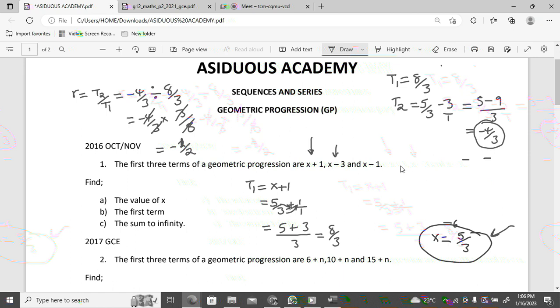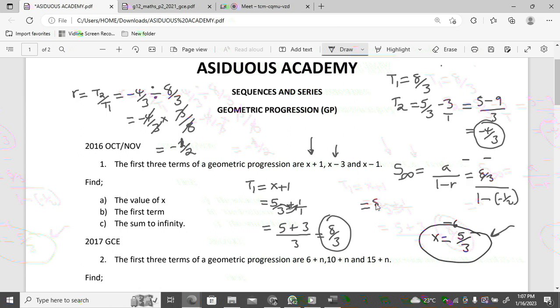Then now we can find the sum. We know that sum to infinity is given by a over 1 minus r. So a is the first term, which we found to be 8/3, divided by 1 minus r. The common ratio we found is negative 1/2. So this is what we want to simplify.